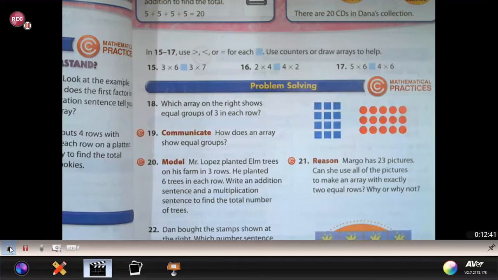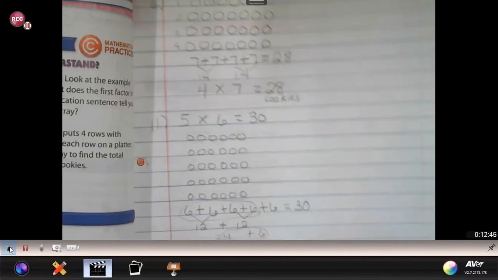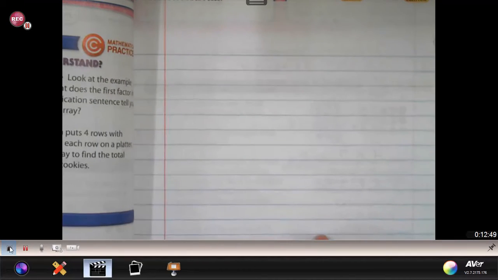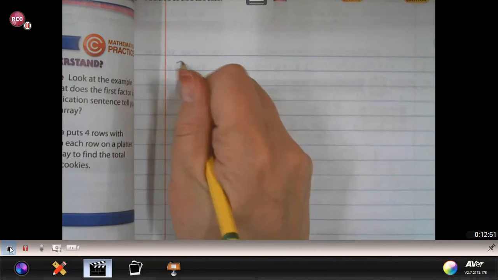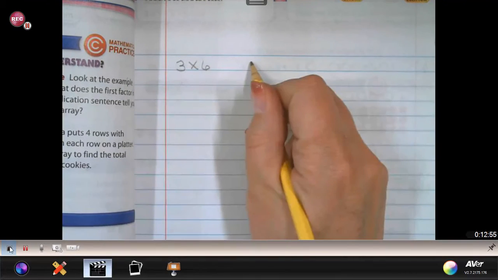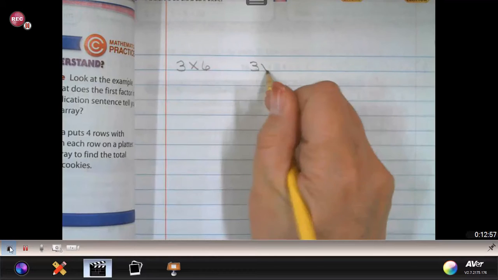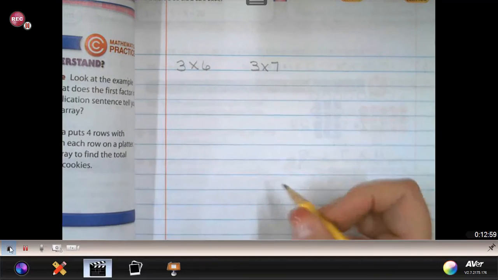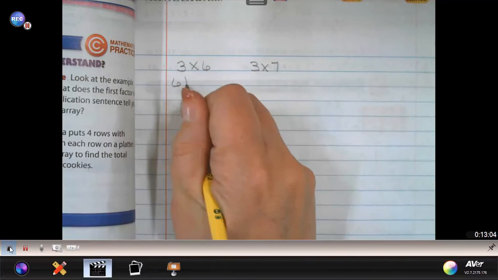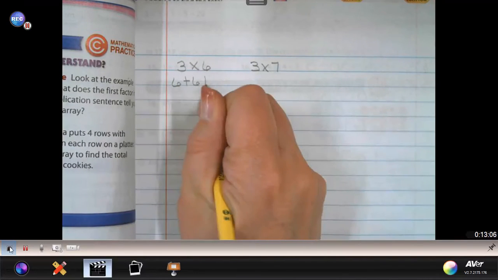So if I were to write an addition sentence for number 15, and I'm using my understanding of addition to help me compare these, if I have 3 groups of 6 here, but I have 3 groups of 7 here, we're using our addition to say, oh, I know I have 6 plus 6 plus 6.